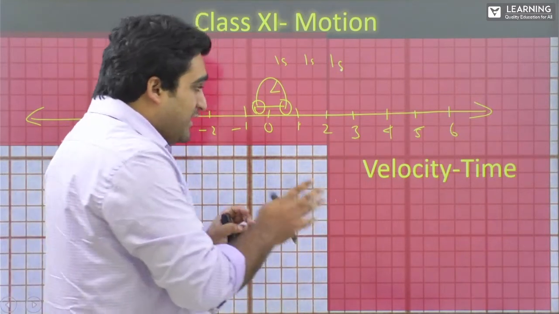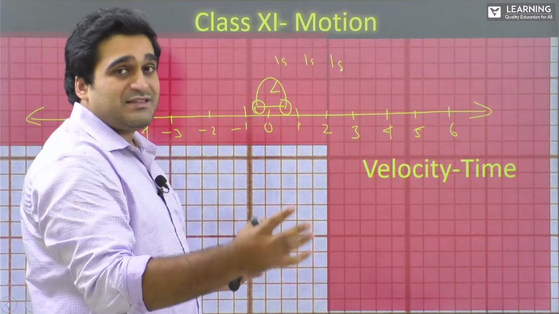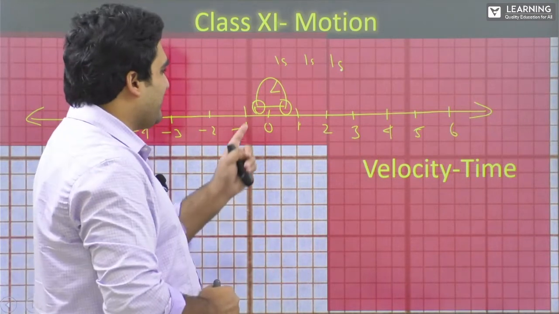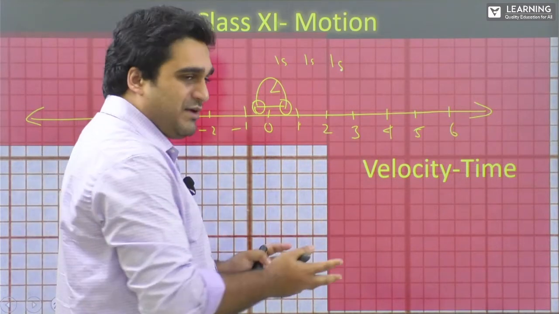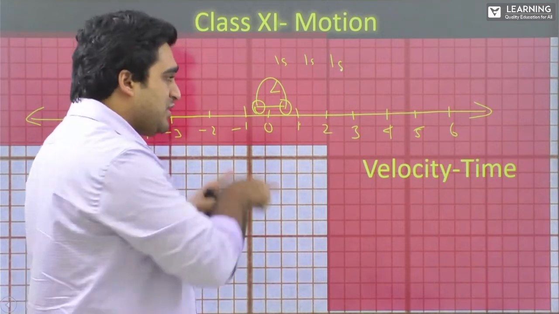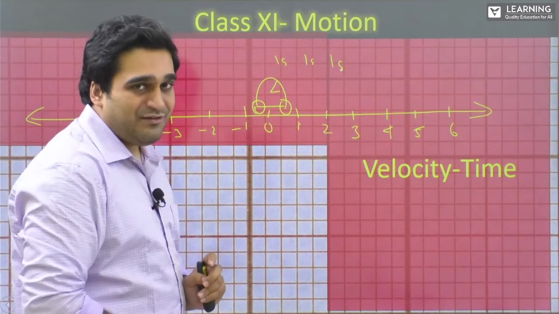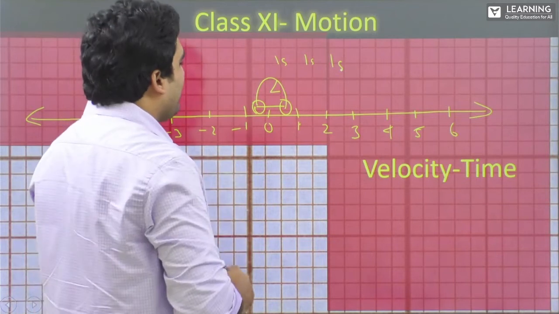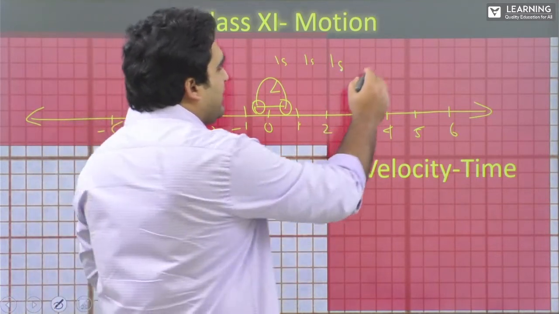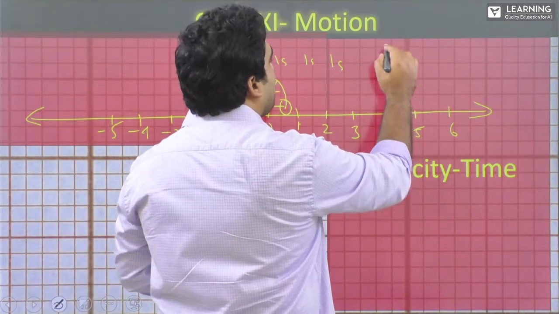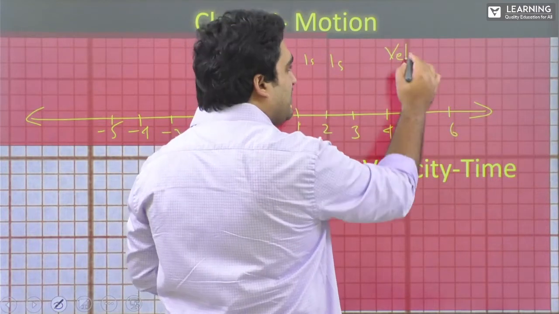So, speed in a given direction is nothing but a velocity. So, let us try to determine the speed. We already know the direction, which is along the positive x-axis.